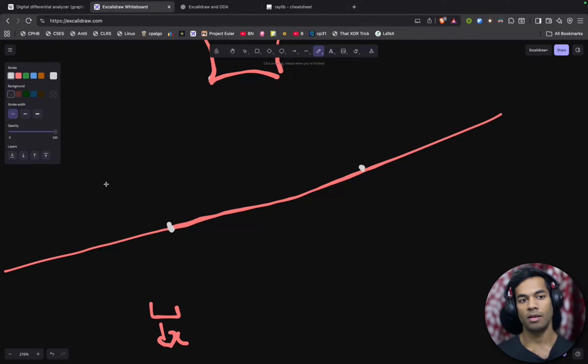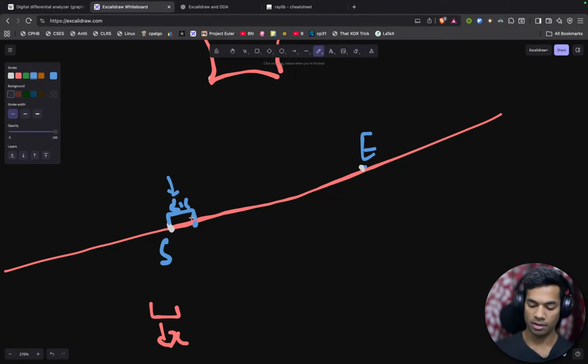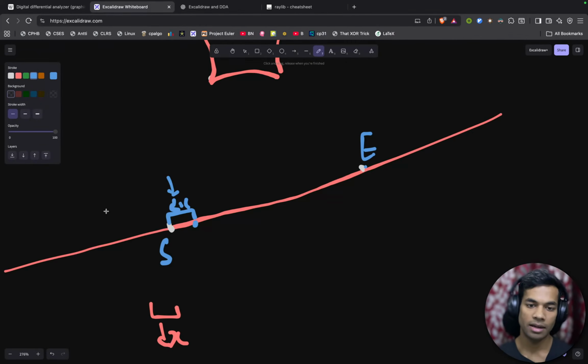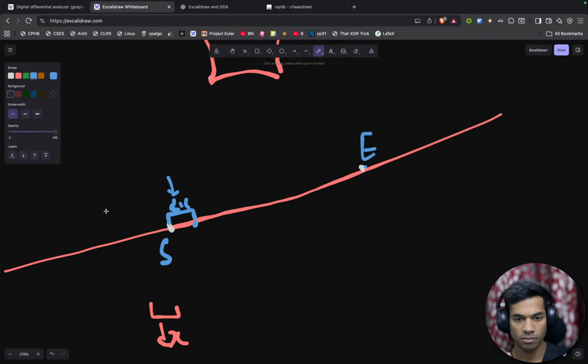And then starting from our starting point, we will move in the direction of the ending point by dx amount. And wherever we land, the cell at that location in the context of our game of life, we would light up that cell.